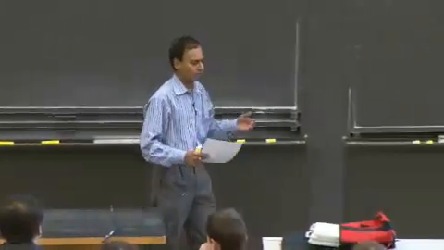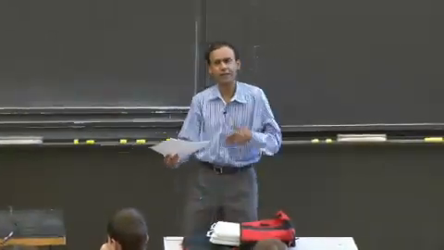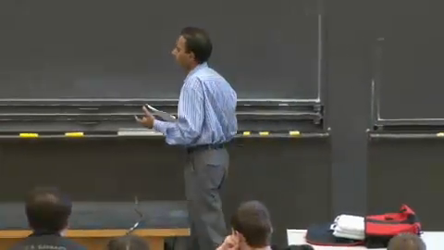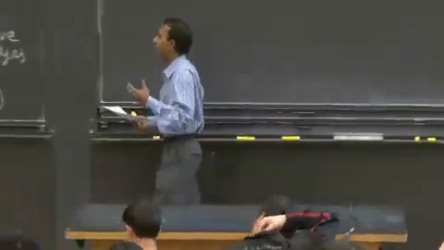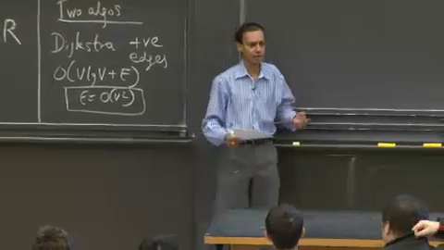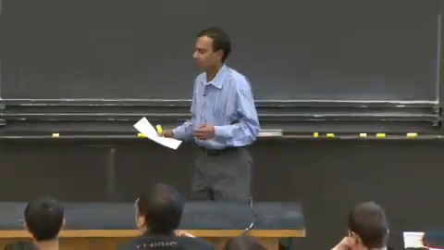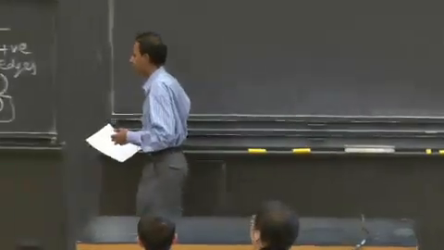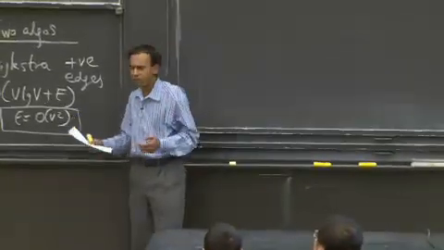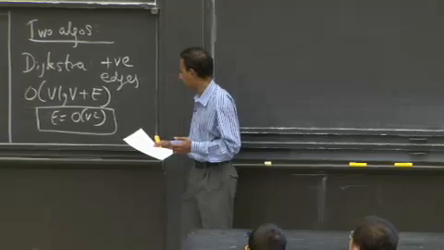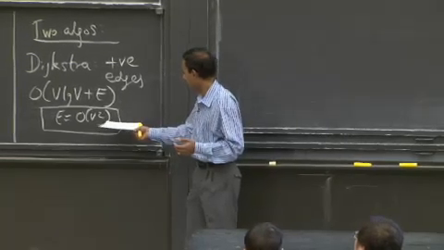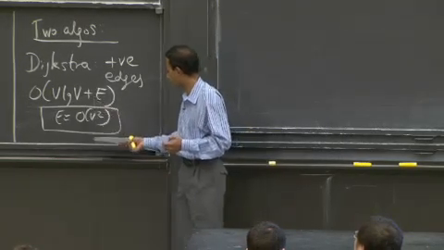So when you say simple graph, you're saying you have at most one edge between any pair of vertices. A multigraph is something that could have multiple edges between pairs of vertices. We won't really be talking about multigraphs in this sequence of lectures, but it's something to keep in the back of your mind as we go through these algorithms.